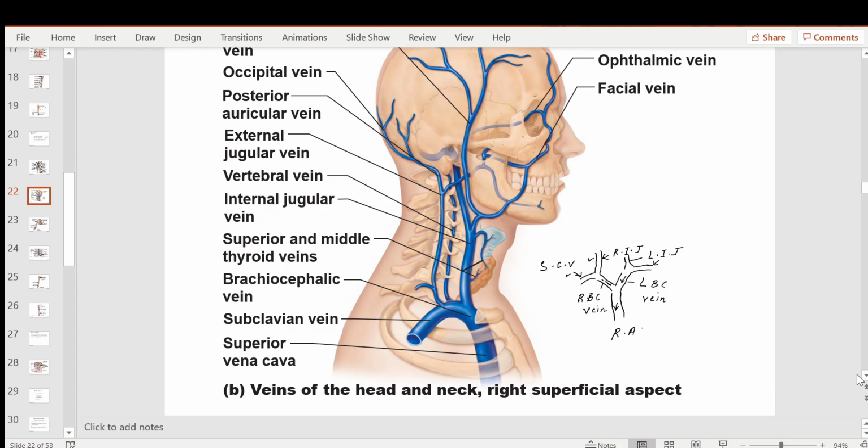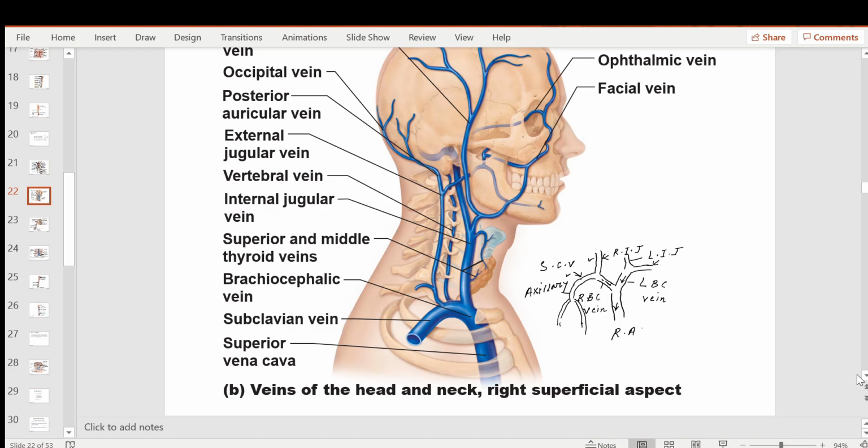So this is the subclavian vein. Okay, the subclavian goes under the clavicle and becomes what? Axillary, right? Goes to the armpit. So this is the axillary vein, and then from the axillary vein we get two large superficial veins. Remember that? One is called the cephalic, another is called the basilic.